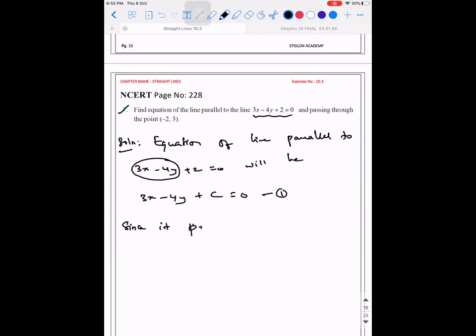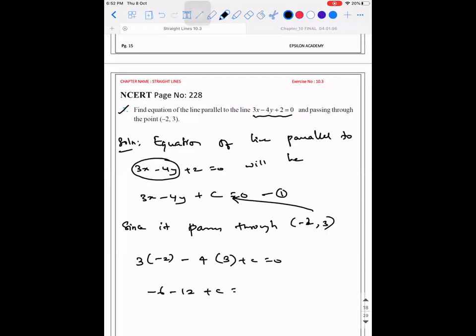Since it passes through minus 2 comma 3, what we can do is take this and substitute it here. So when you substitute it, 3 into minus 2 minus 4 into 3 plus c equal to 0. So minus 6 minus 12 plus c is equal to 0, which implies c is equal to 18.